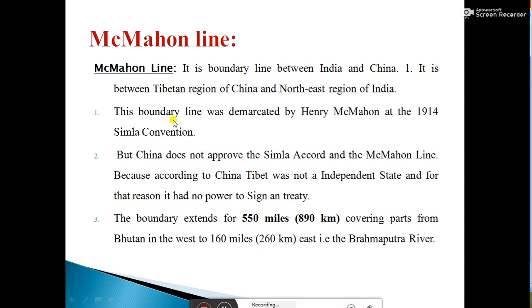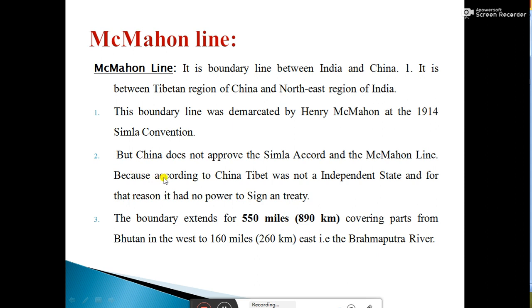There is another significant boundary line, the McMahon line. It is the boundary line between India and China, between the Tibet region of China and the northeast region of India. This boundary line was demarcated by Henry McMahon in 1914 during the Simla Convention.